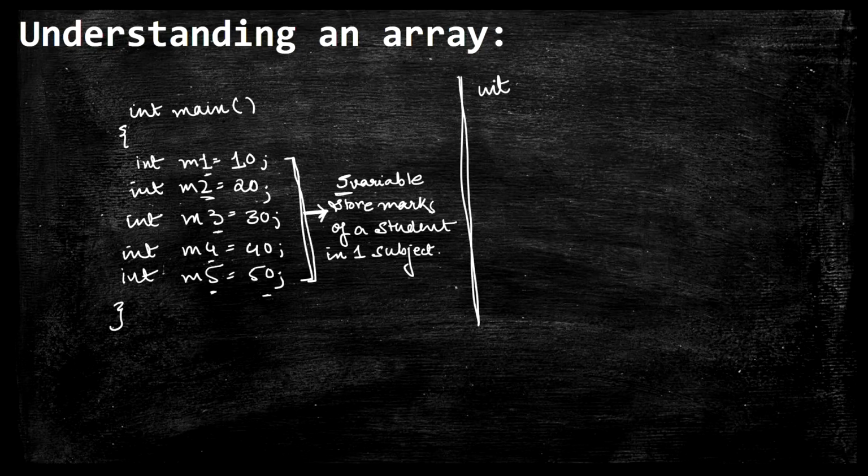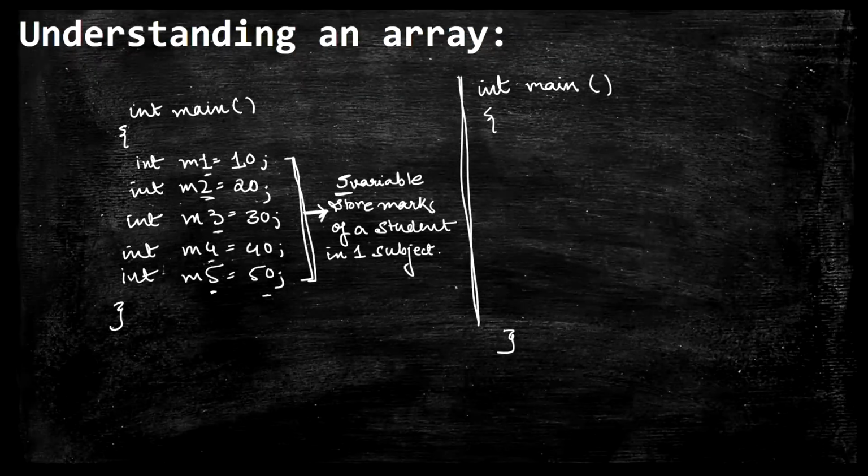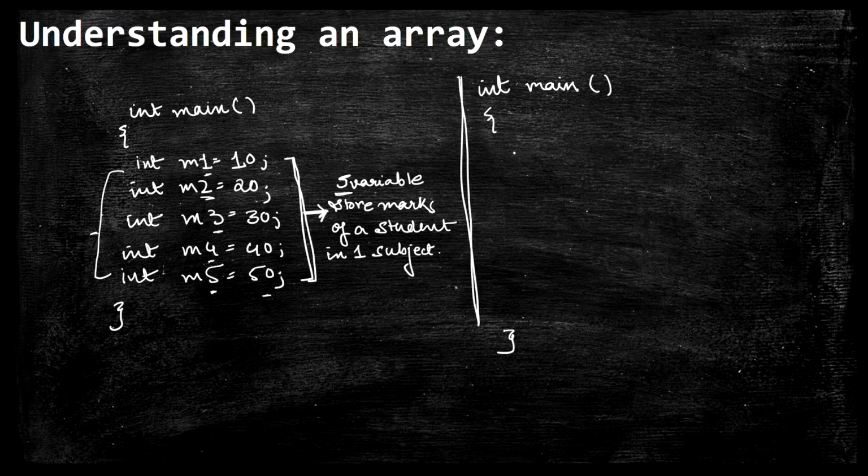We will write int main over here, brace open, brace close. We will define a single array name, and it should be of integer data type, because all the marks are int. So we will write int, which is the data type of array. We will write here marks.